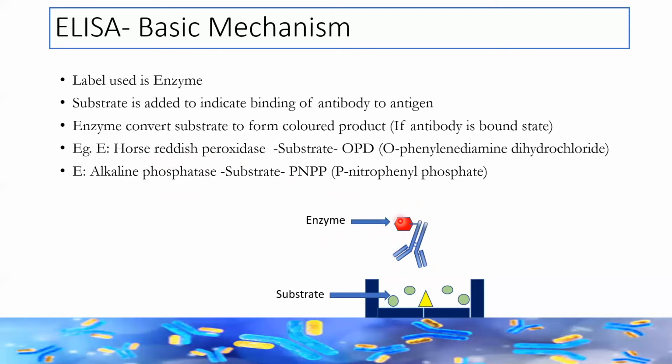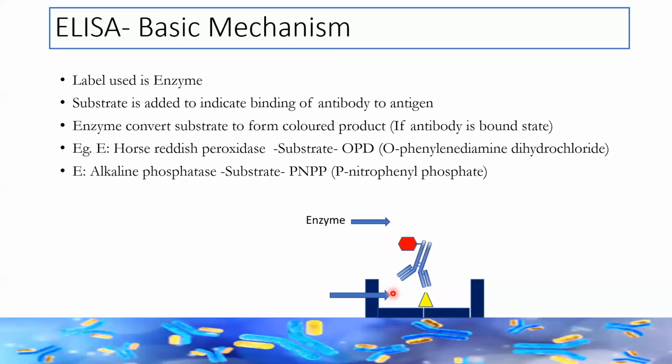These enzymes are going to react with a certain substrate. If the enzyme is horseradish peroxidase, then the substrate can be O-phenylene diamine dihydrochloride. If the enzyme is alkaline phosphatase, then the substrate is p-nitrophenyl phosphate. I hope I'm clear. Now the mechanism: when the antibody labeled with the enzyme attaches to the antigen, this antigen antibody reaction can be detected by the enzyme. You add the substrate to detect the reaction.